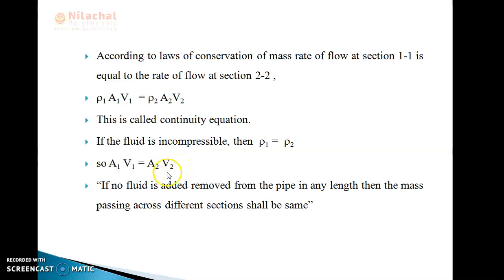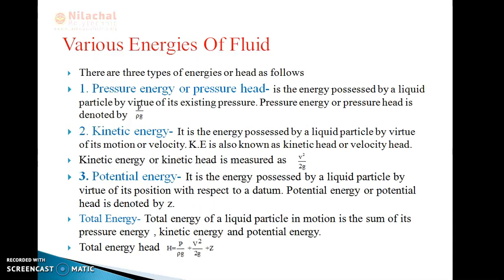Means that if no fluid is added or removed from the pipe in any length, then mass passing across the different sections shall be the same. So this is about the continuity equation.